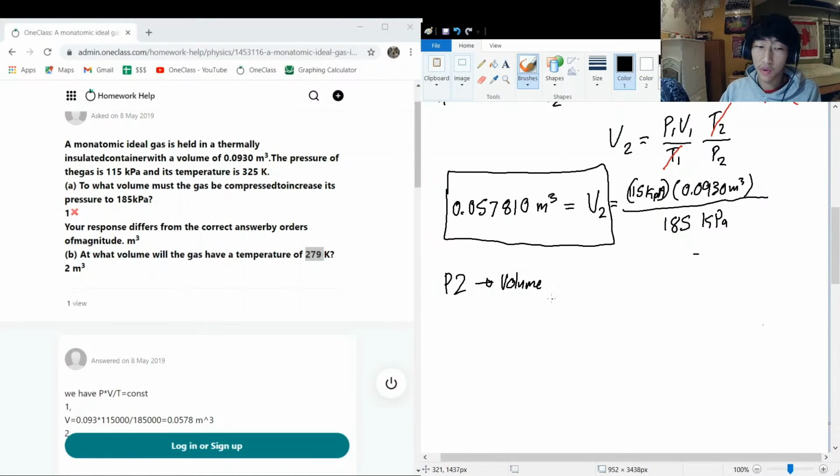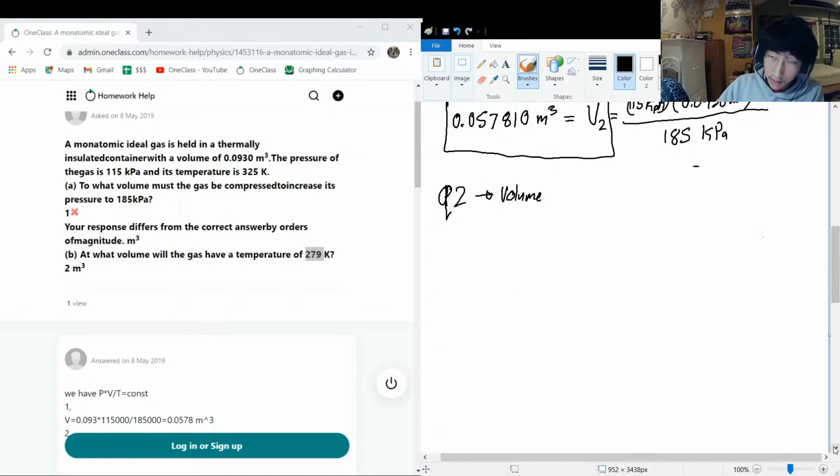I think this is related to the first one, except we're not going to have T1 equal T2 anymore. For problem 2, instead of P2, I'll write Q2. So this is going to be the same relationship, except T2 is not equal to T1.